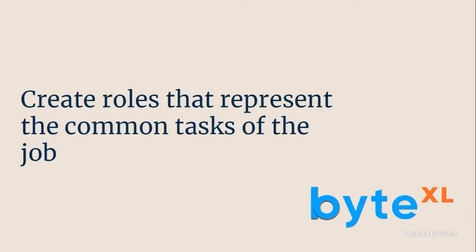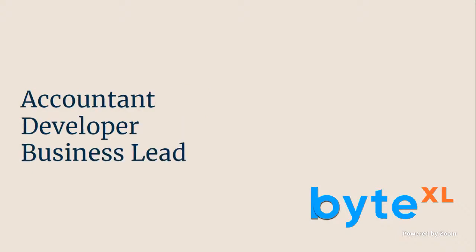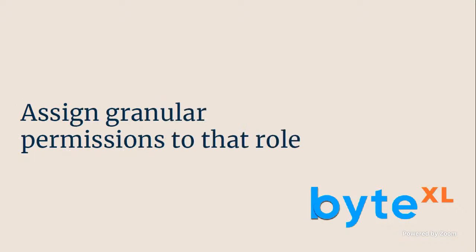Create roles that represent the common tasks of the job, such as accountant, developer, business lead. Once the roles are created, you can assign jobs to the roles as well. Each role will have different access and different permissions. Assign granular permissions to that role.